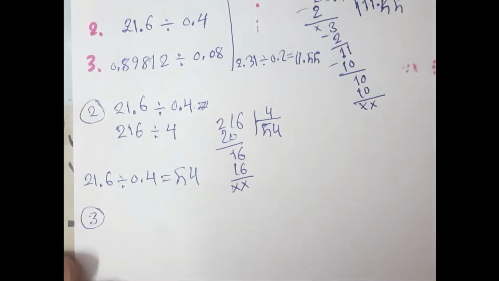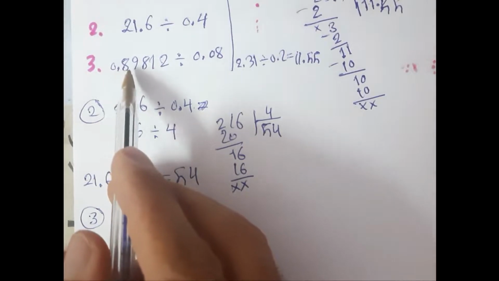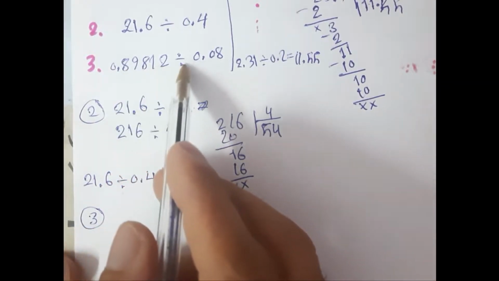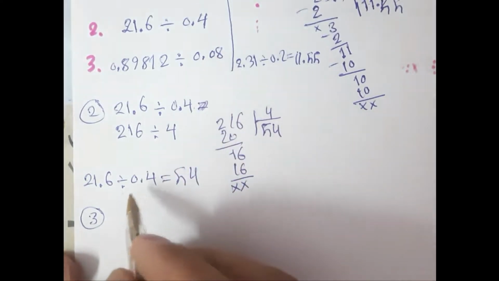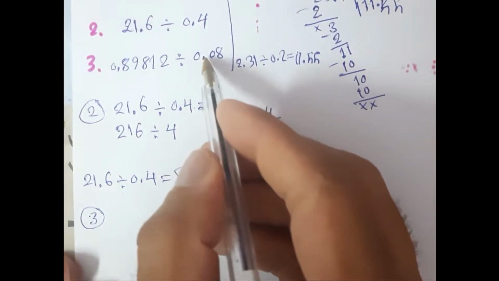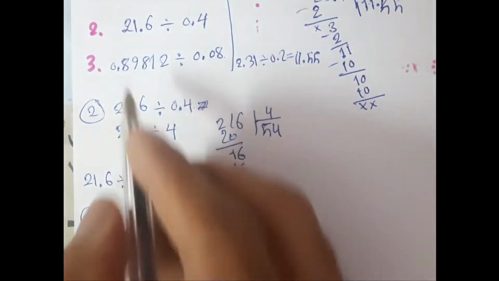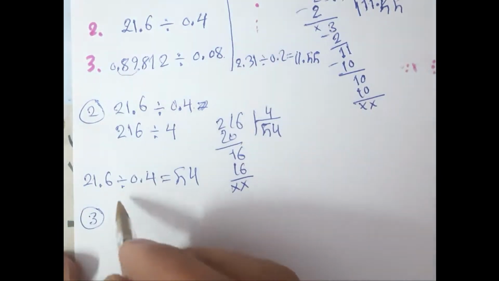Question 3. Here we have 0.89812 divided by 0.08. First we want to make a whole number here, so we have to carry the decimal point in front of 8. From here also, this decimal point came in front of 9.